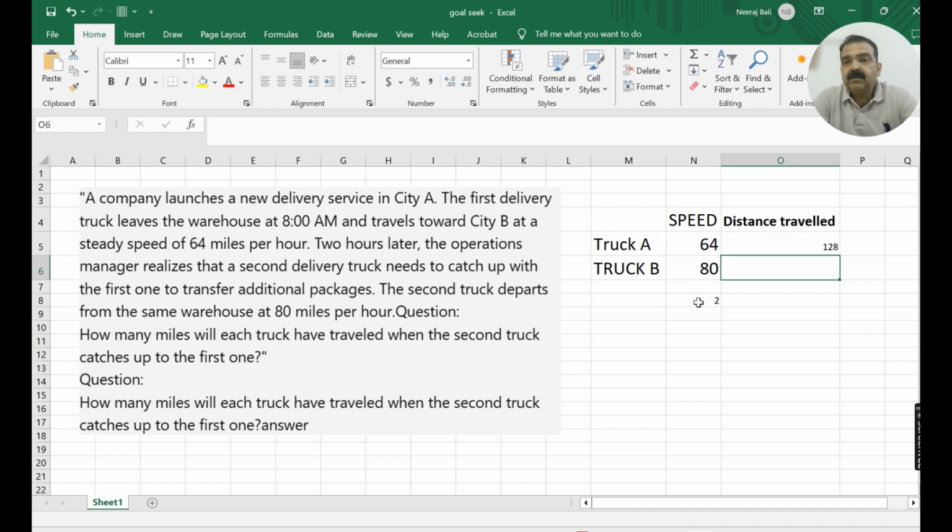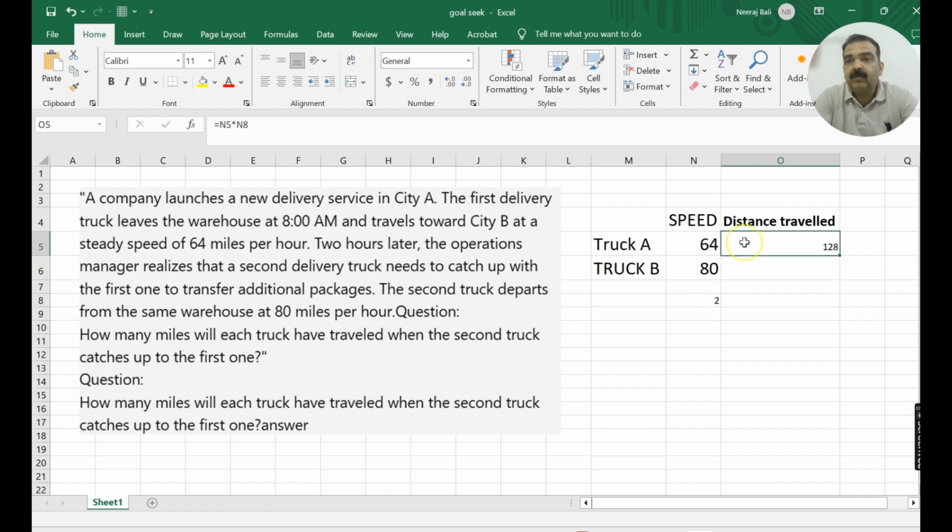So in 2 hours, truck A has traveled 128 miles, because 64 miles in 1 hour, and in 2 hours, 128.